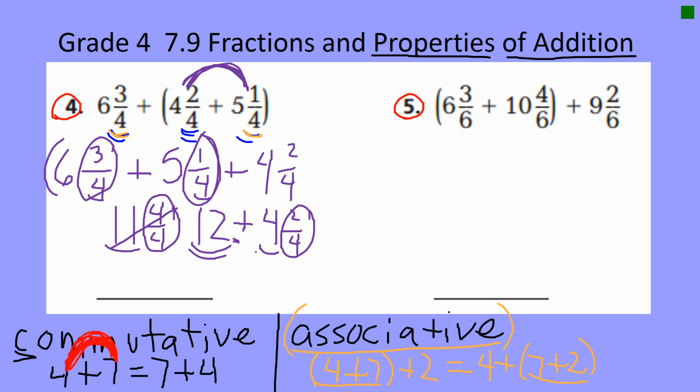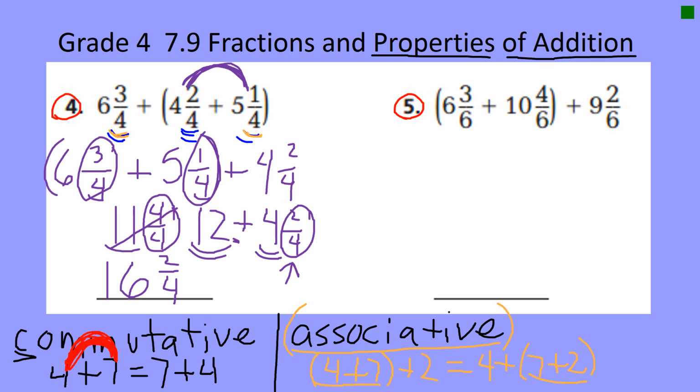I'm going to add my whole numbers. 12 plus 4 is 16. And then our friend 2/4. Hello, 2/4. There you go. So we used properties to make this addition of 3 fractions practically mental math.